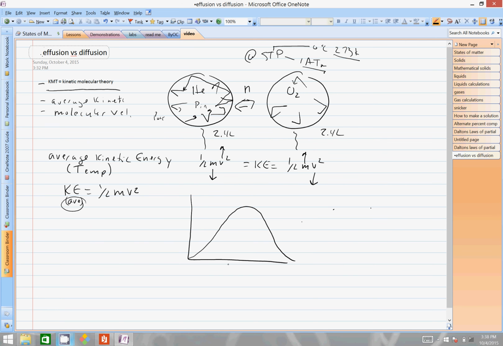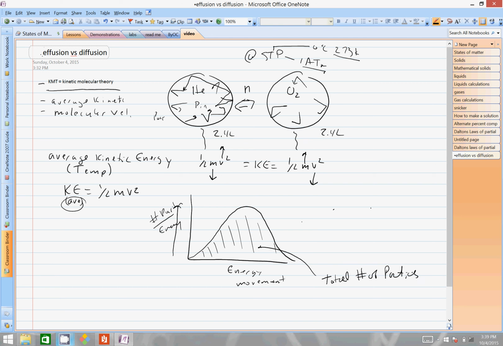This would be energy, or it could be movement, and this here would be number of particles per energy. So when I multiply these two things together, the area under the curve is just going to be the total number of particles.